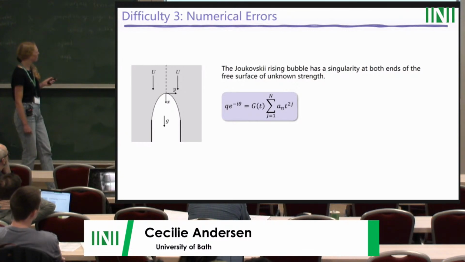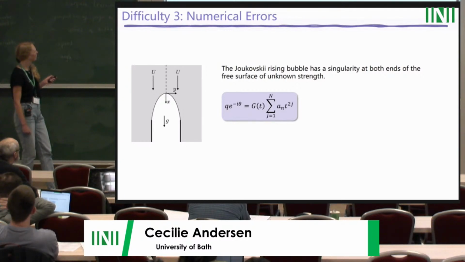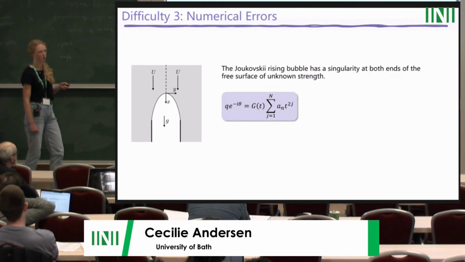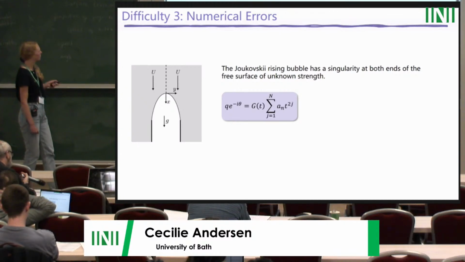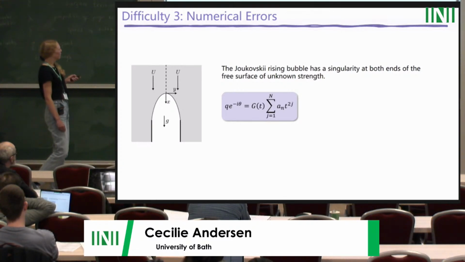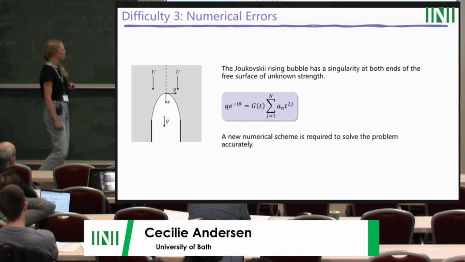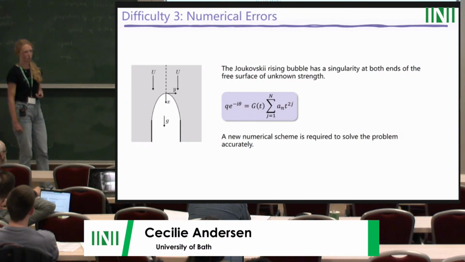The issue is that the singular behavior here depends on other eigenvalues in our equation, and we're not sure how it depends on the other eigenvalues. So we can't fix both the behavior here and the behavior here without knowing how they relate to each other. So this means that we've still got some work to do to come up with a new hack that can deal with problems like this.